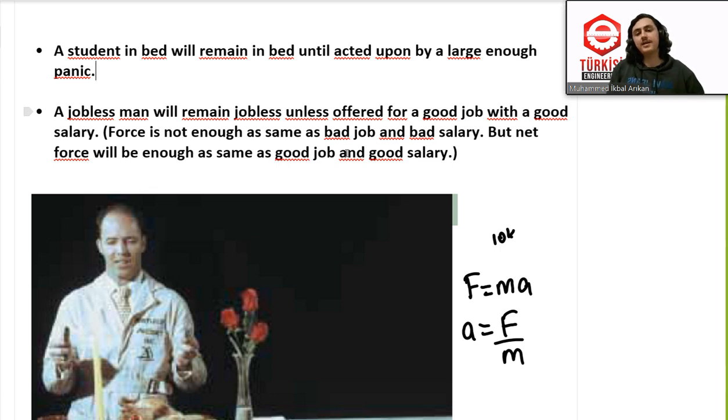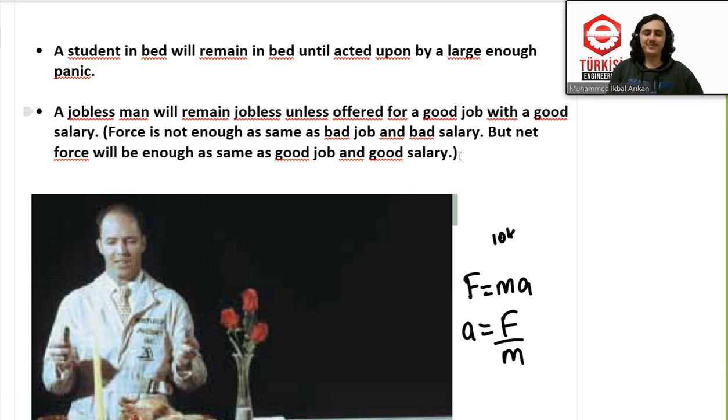But if somebody offers you a good job with a good salary, you can say, yes, you overcame my inertia, so you won. You won because you have an unbalanced force which is winning against the inertia. When you come with a good salary and good job, you win against the inertia of the jobless man.